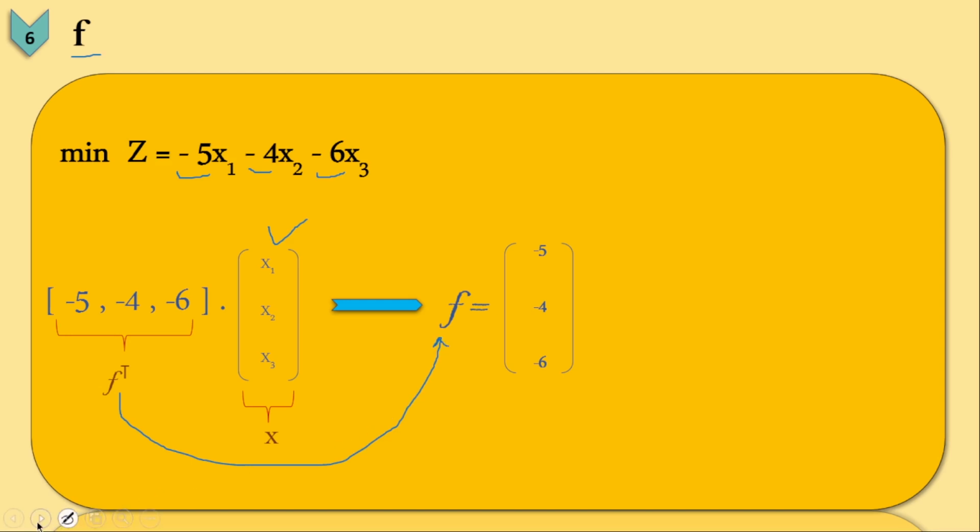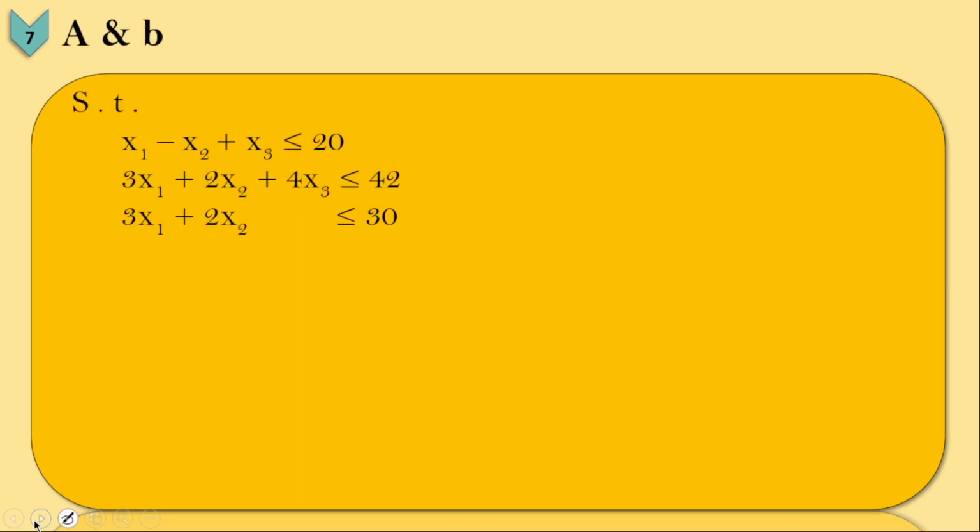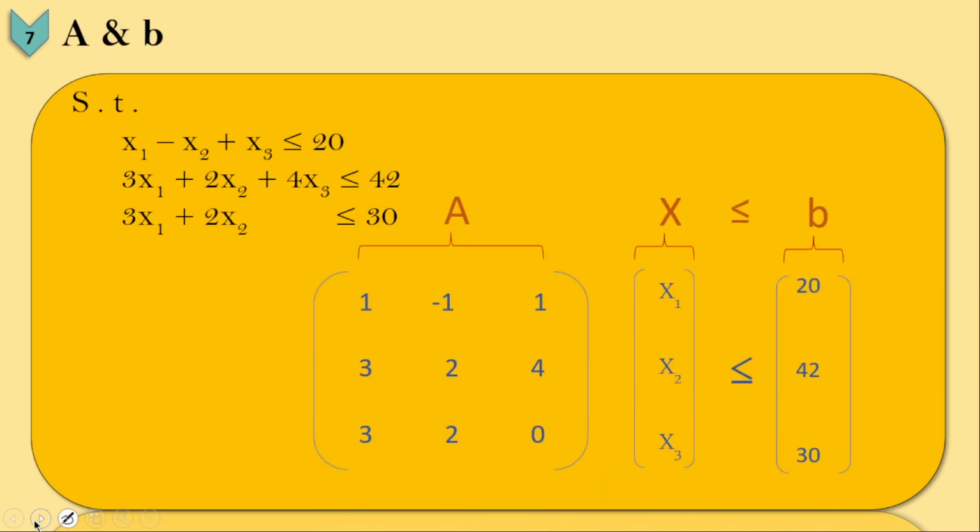In the second stage, we should extract A and B from our constraints. As you can see here, we have a matrix called A that consists of the coefficients of each variable in each constraint. To put it more simply, in the first constraint, you see 1 times x1 minus 1 times x2, and after that, 1 times x3. So in the first row of matrix A, we should write 1, -1, and 1, as you can see here.